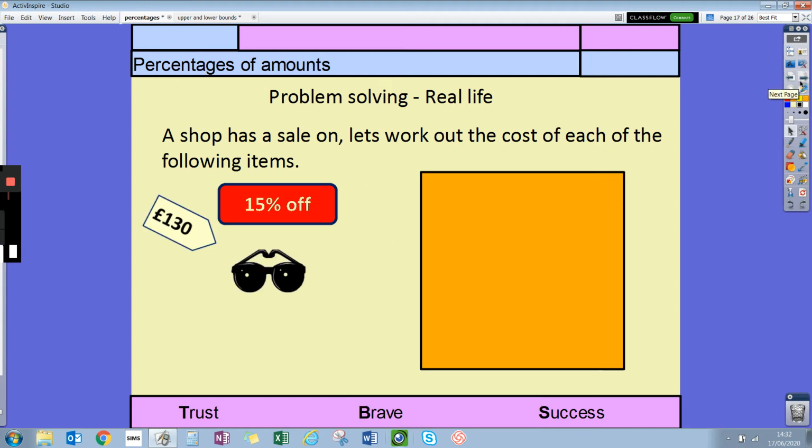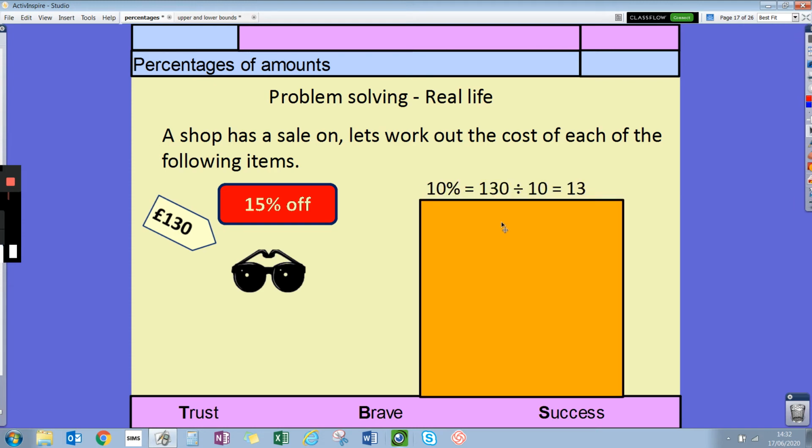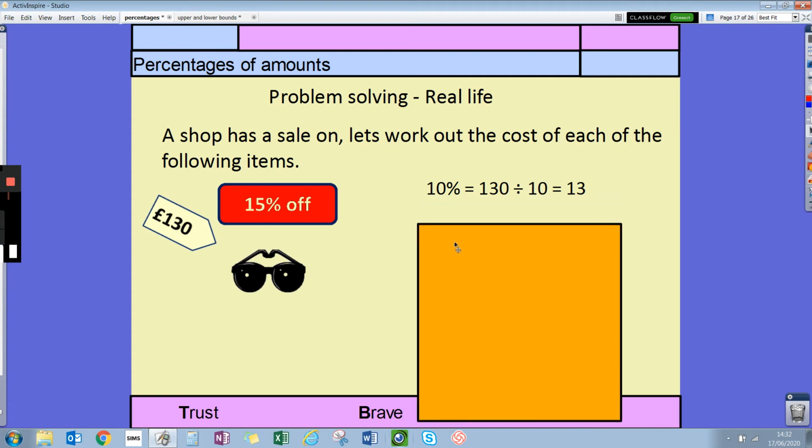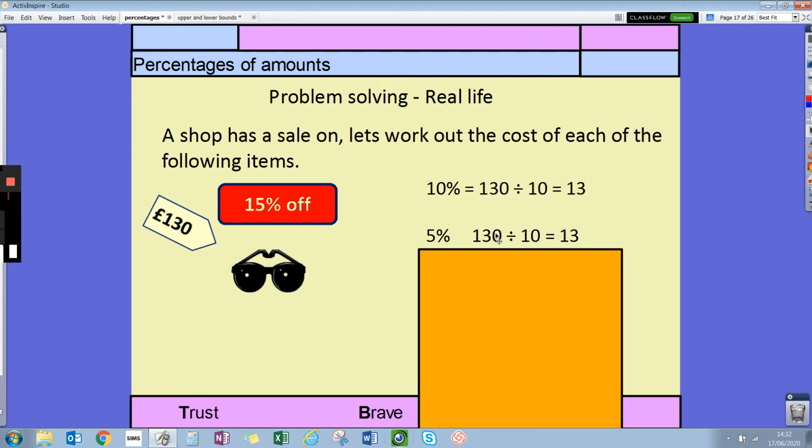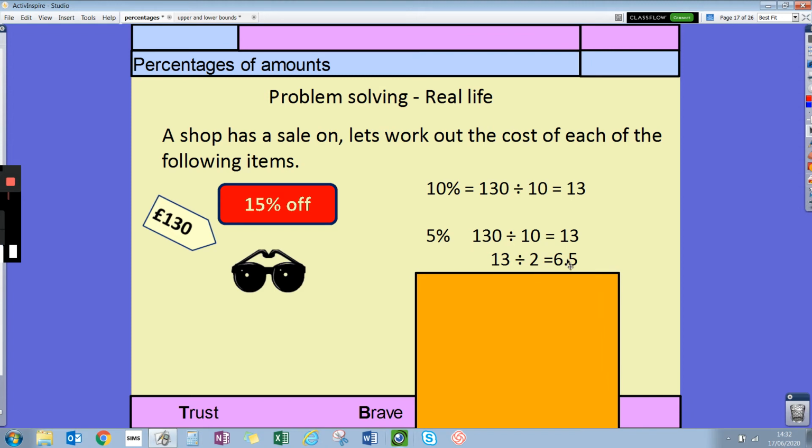So another example here, we've got some sunglasses that are 15% off. They were originally £130, so I'm going to find 10% of that because that's close. 10% is 130 divided by 10. So I've got 10%, that then leaves me with this extra 5% to find. 5%, remember 130 divided by 10, which is 13, but 5% is half of that. So then I'm going to halve it, divide it by 2, which is 6.5.